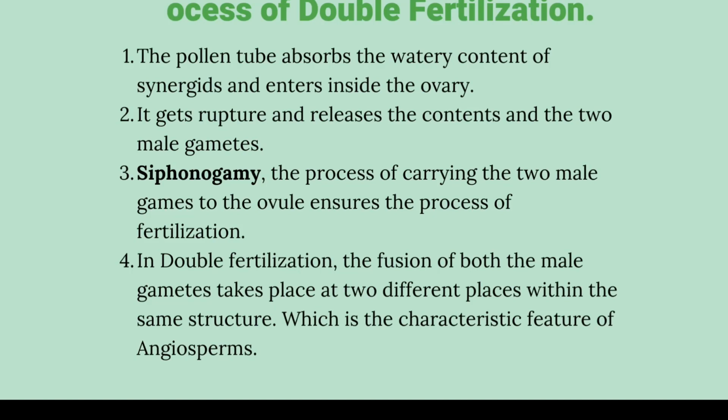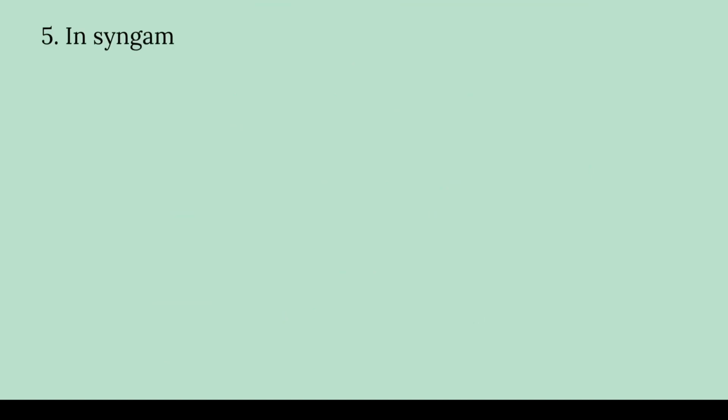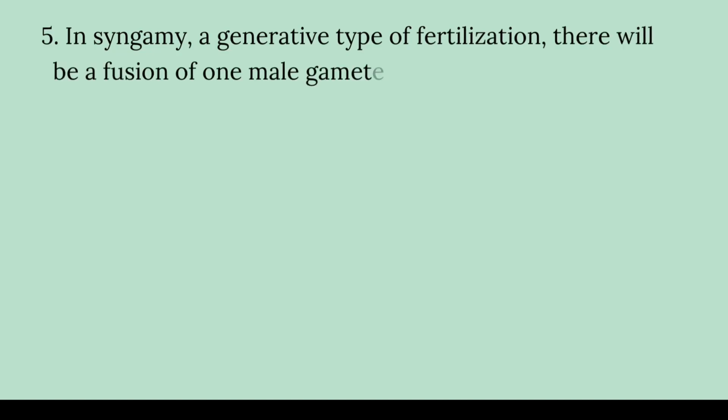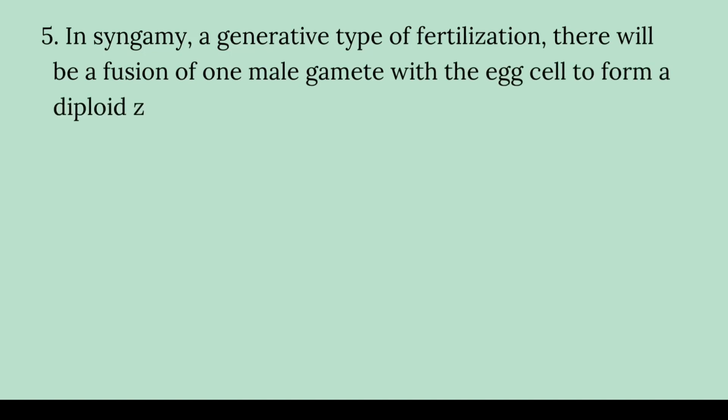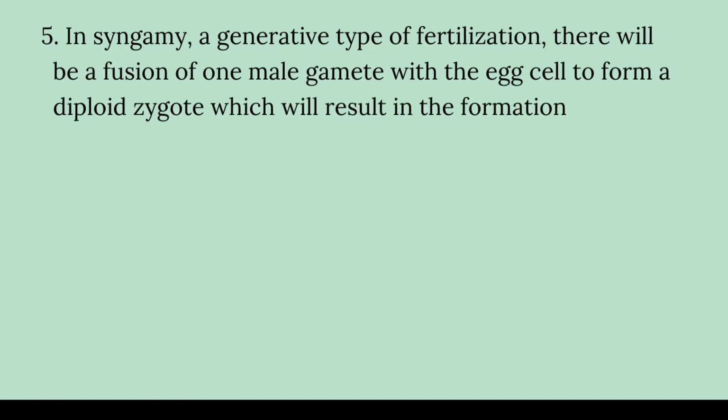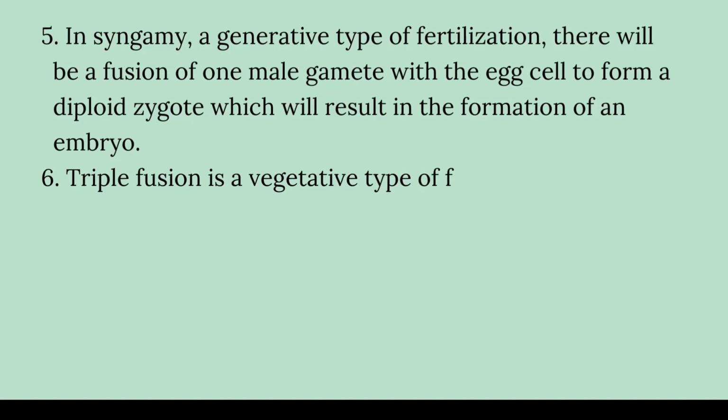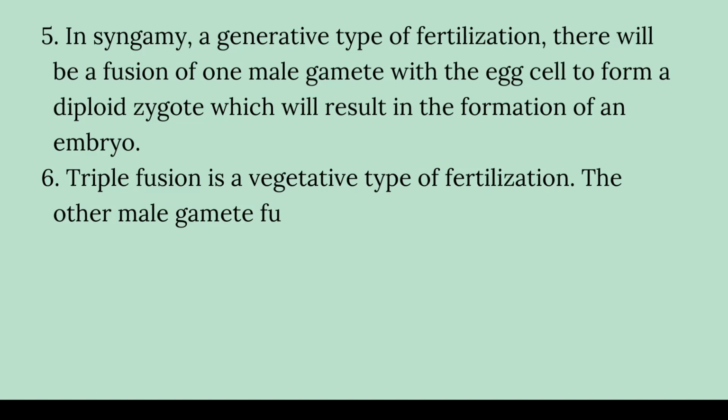So entirely we can say double fertilization is the process in which both the male gametes come inside the female structure and fertilize two different cells. One is the egg cell and another one is the secondary nucleus. So in syngamy, a generative type of fertilization, there will be fusion of one male gamete with the egg cell to form a diploid zygote, which will result in the formation of an embryo.